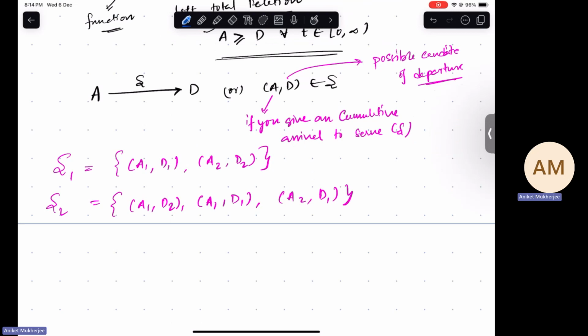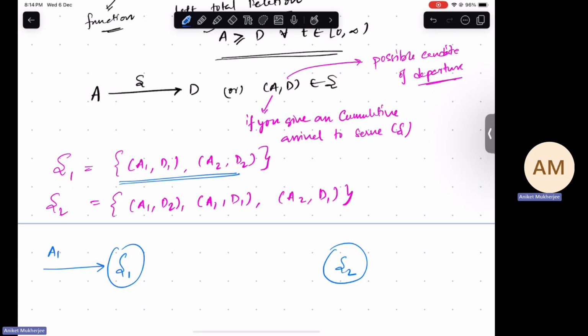If you have S1 and you have S2, and you give A1 to S1, from this relation it's clear that the only output you'll get is D1. Similarly, if you give A2, it's clear that you'll get D2.